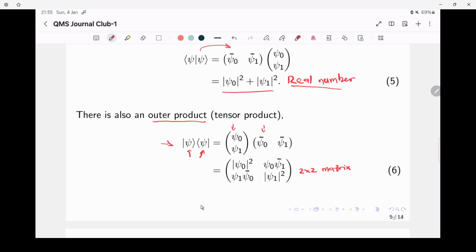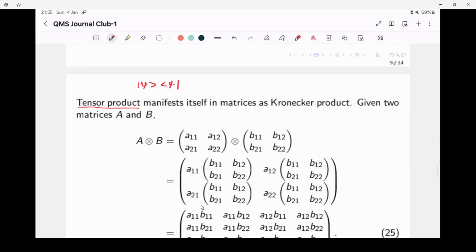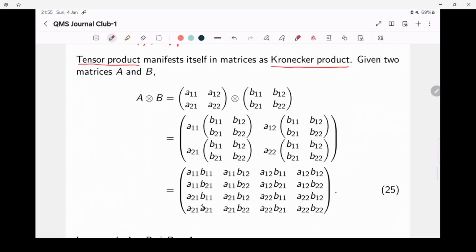If you refer to other sources, they have different ways to define what an outer product is. But essentially, when it is matrices, the tensor product is just a Kronecker product. So how would you perform a Kronecker product?